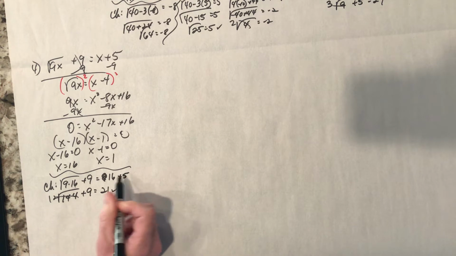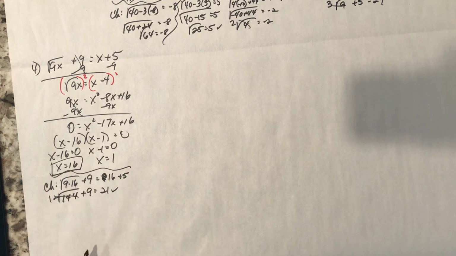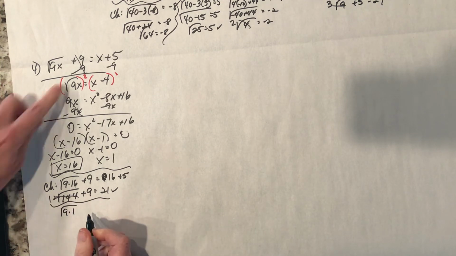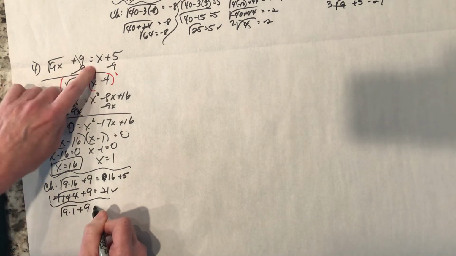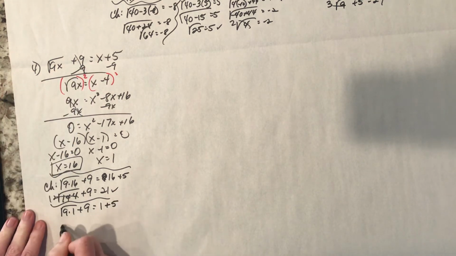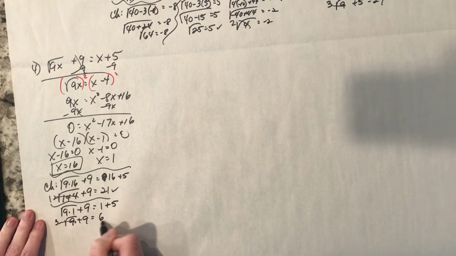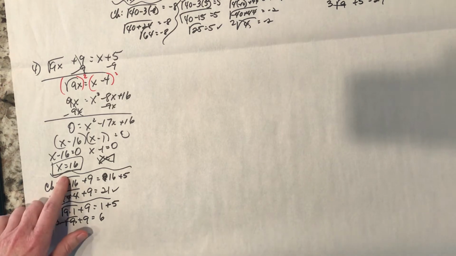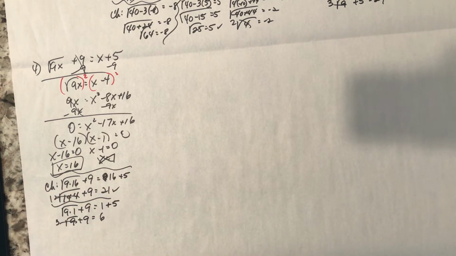This is 21 equals 21, so 16 works. Let's check our 1. So square root of 9 times 1 plus 9 equals 1 plus 5. So square root of 9, that's a 3. 3 plus 9 equals 6. No, that didn't work. So we've only got one answer, just x equals 16.